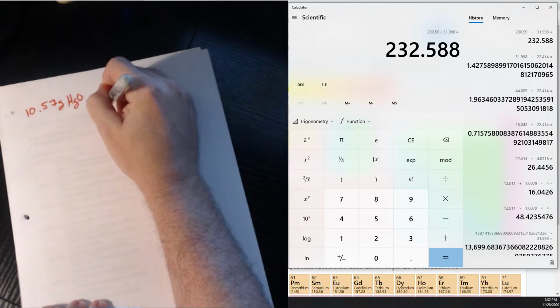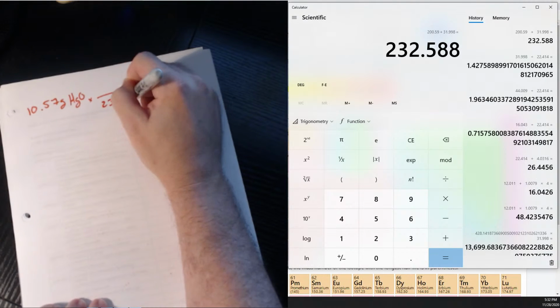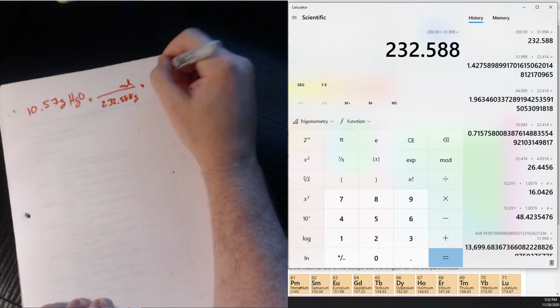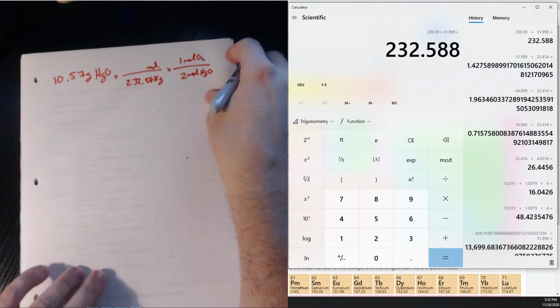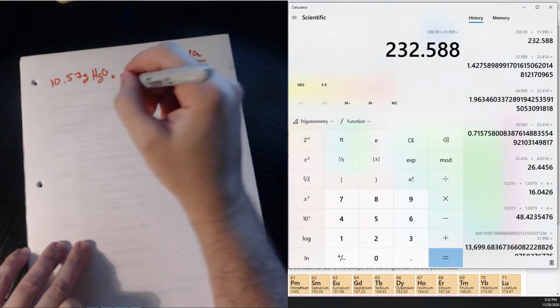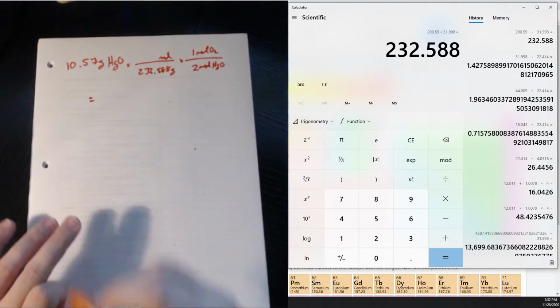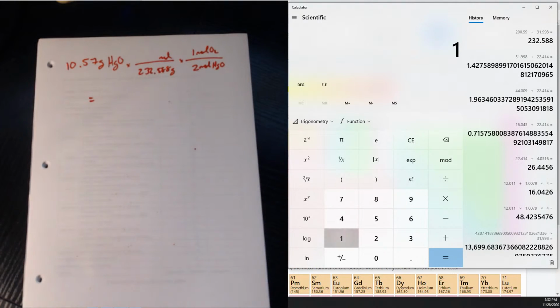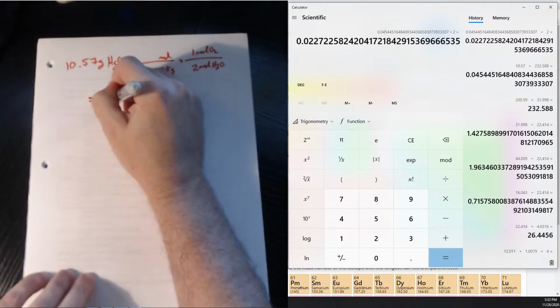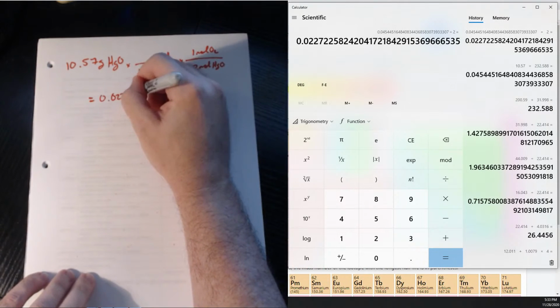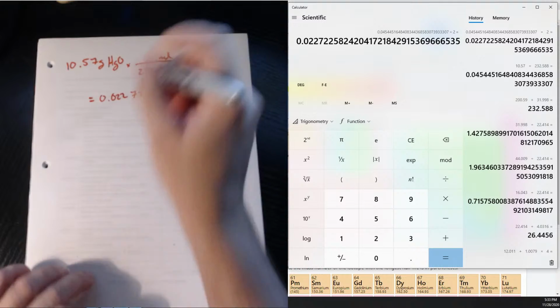So 232.588 grams per mole times 1 mole O2 for every 2 moles of HgO. That'll get us our moles of oxygen that we're plugging into PV equals nRT. So 0.5 divided by 232.588 divided by 2. 0.02272 moles of oxygen.